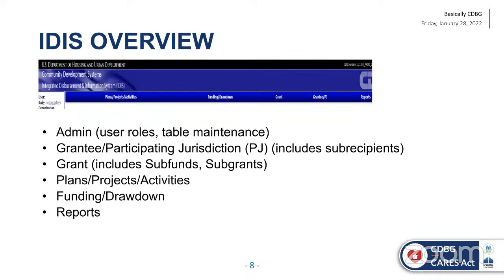That's where they can create or adjust user roles and have different user rights. Most of the time, grantees will use 3 modules: plan project activities, funding and draws, and reports. In the grant module, you usually review grants, but the data are uploaded by headquarters.